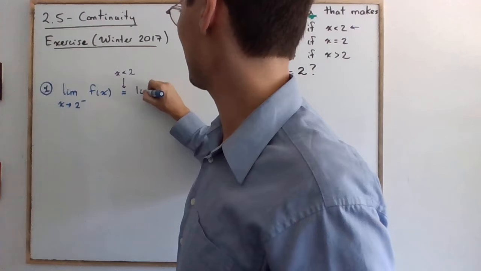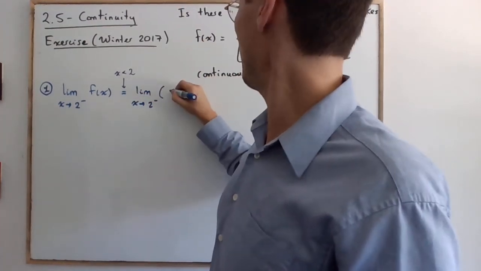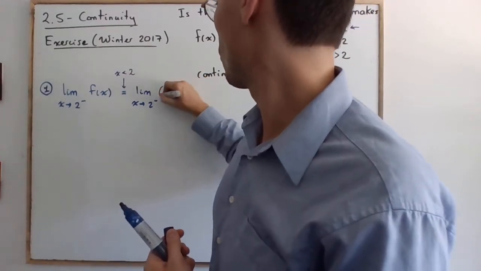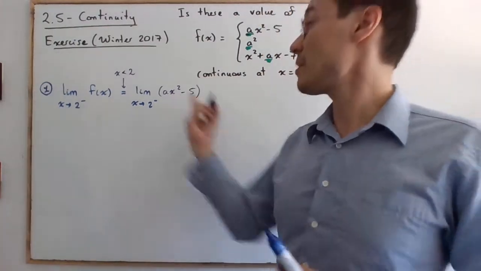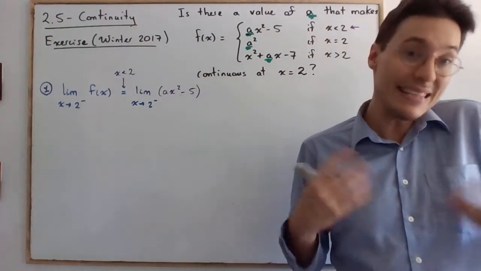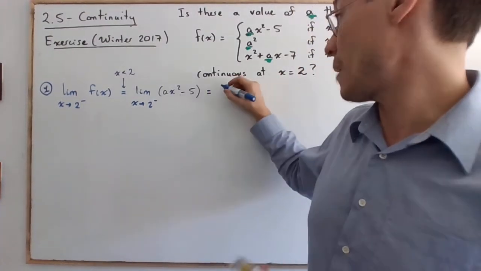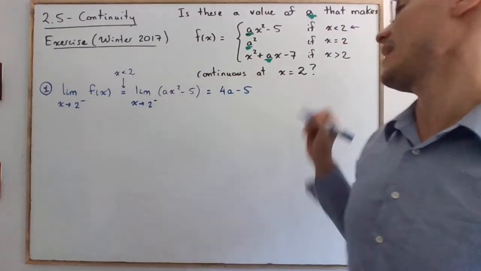So it's the limit as x is approaching 2 from below of ax squared minus 5. And from that point, fortunately, it's an easy direct substitution. That's not where the problem is hard. So what you get is 4a minus 5.